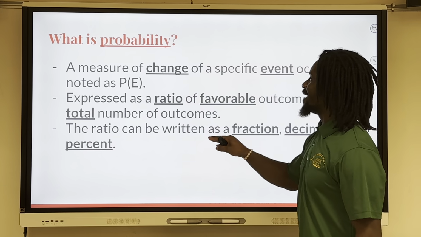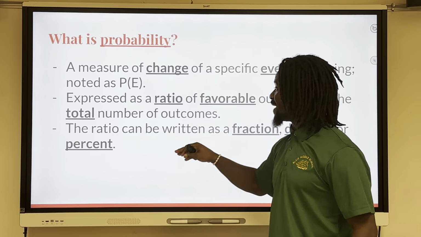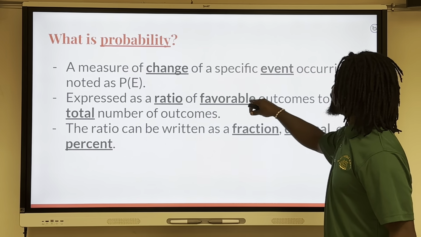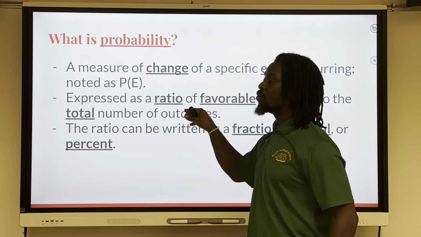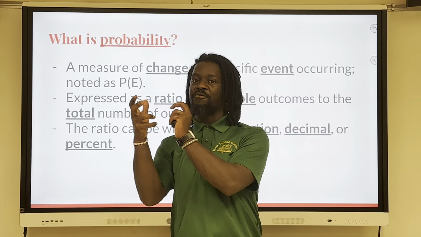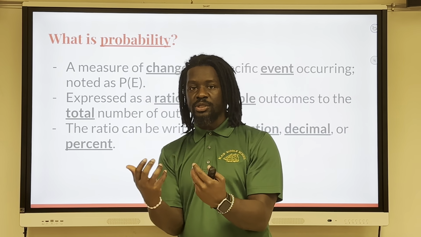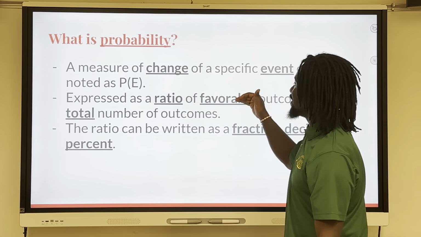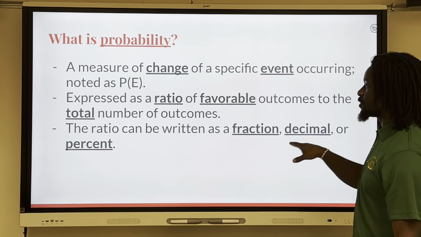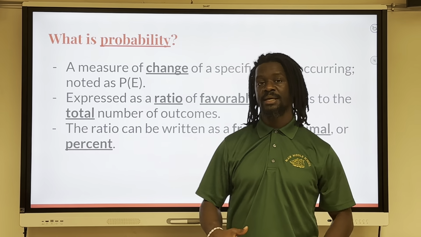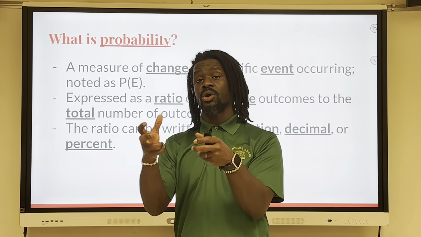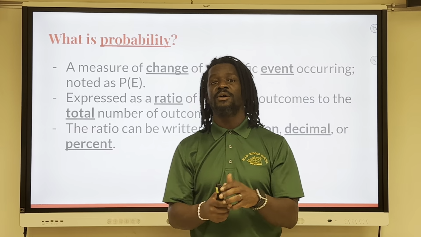When probabilities are written, they are written as a ratio of favorable outcomes to the total number of outcomes. So you have the chance that that event is going to occur over the total. As it's written, it can be either a fraction, a decimal, or a percent.